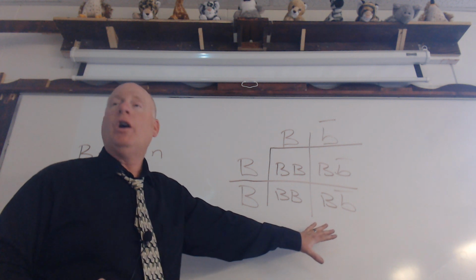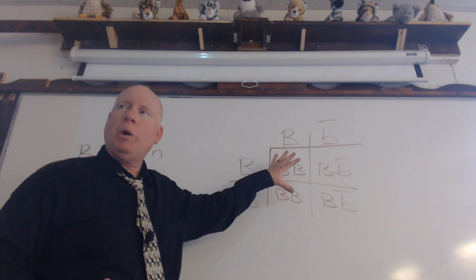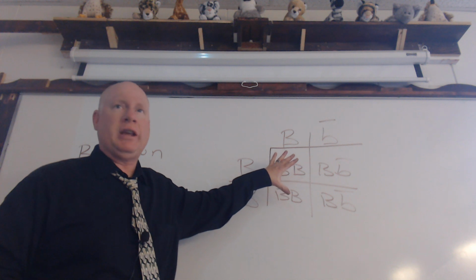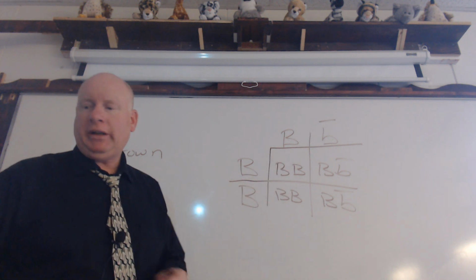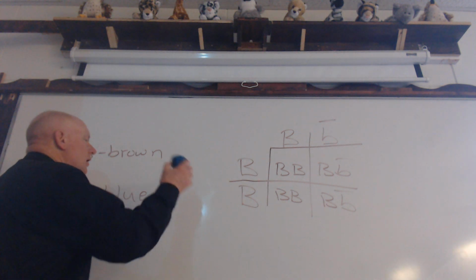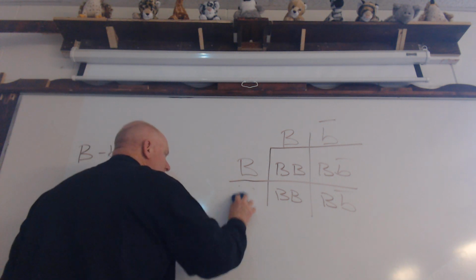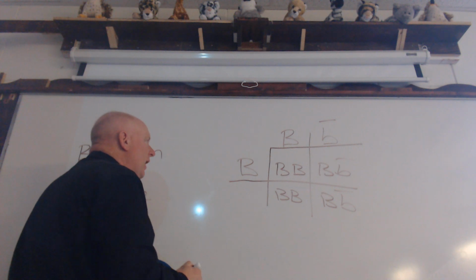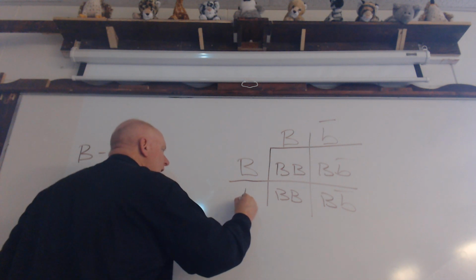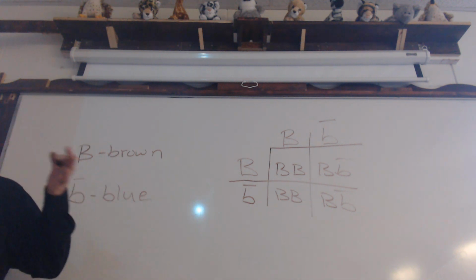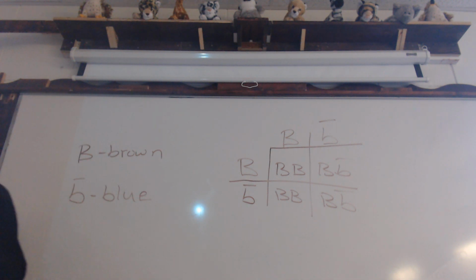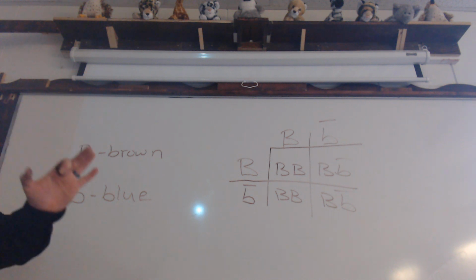Maybe. So this is what we call a dominant trait, because we said brown is dominant over blue. But what can happen is both mom and dad do have brown eyes, but they've got that recessive trait in both of them. If one of them has the dominant trait and the other the dominant trait, everyone's going to have brown eyes.